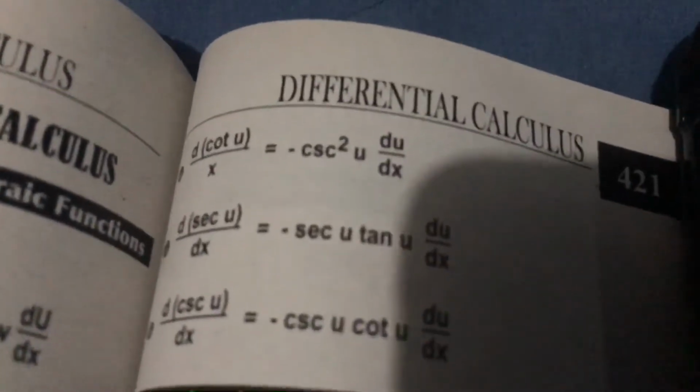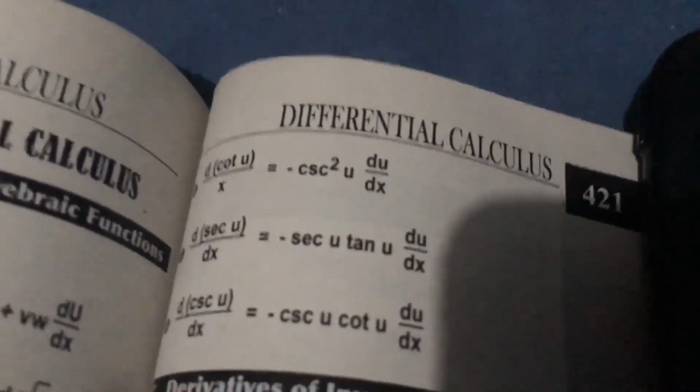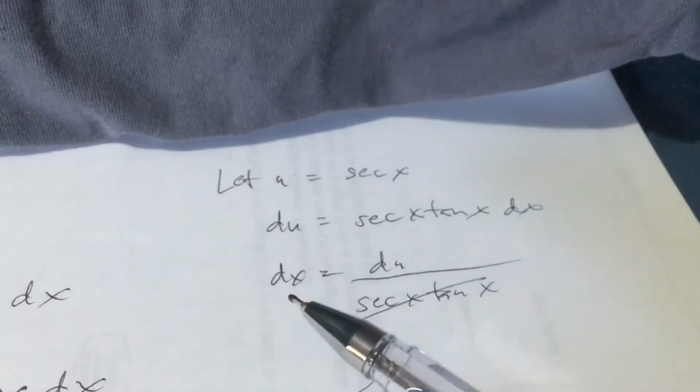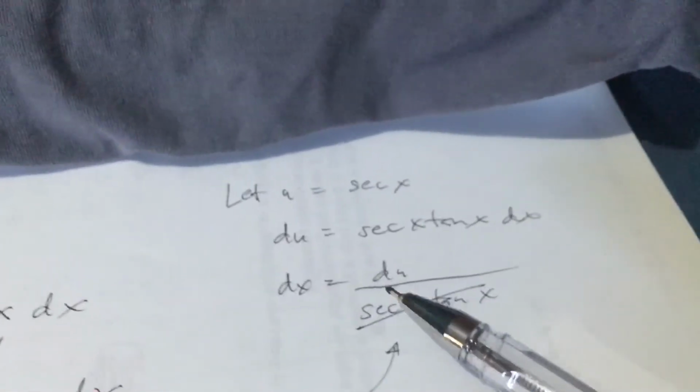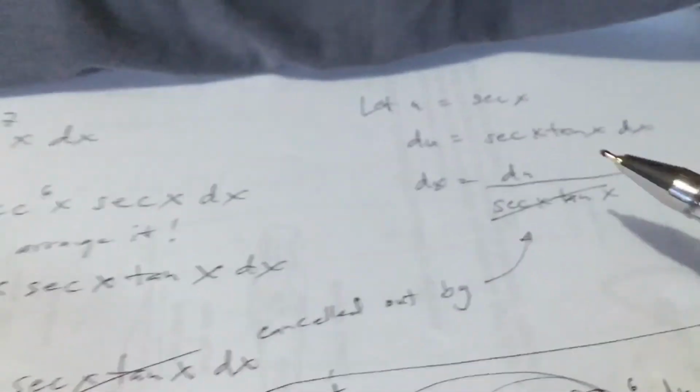You can see here the equivalent. They just used the u variable here instead of x, but it functions the same way. We are using the x here. Get the dx equivalent. That would be du over secant x tangent x.